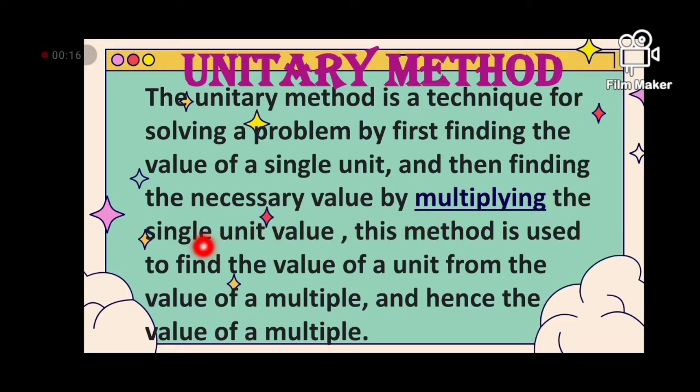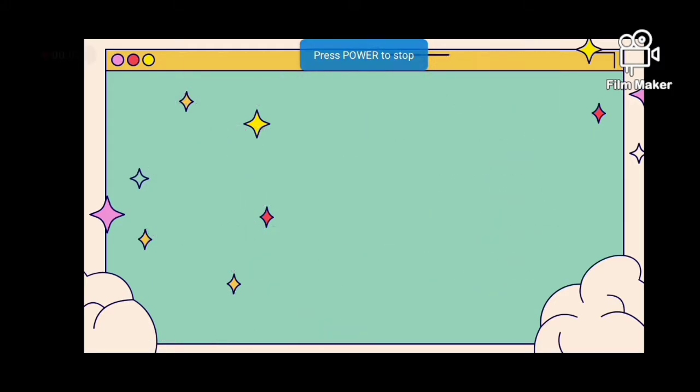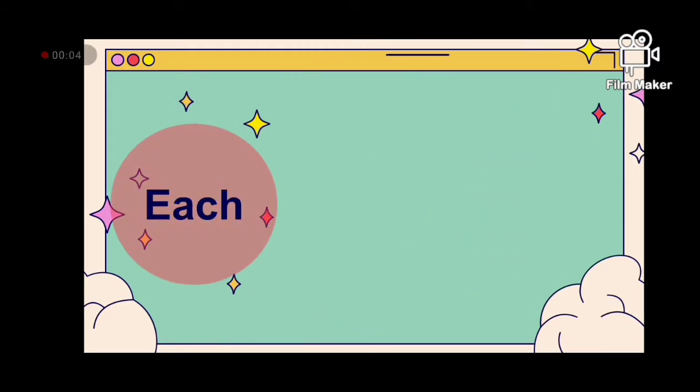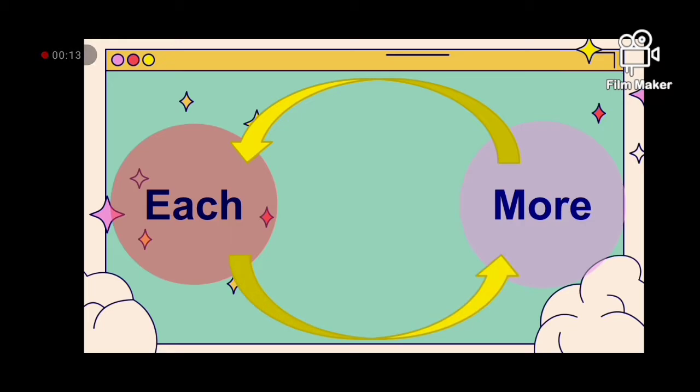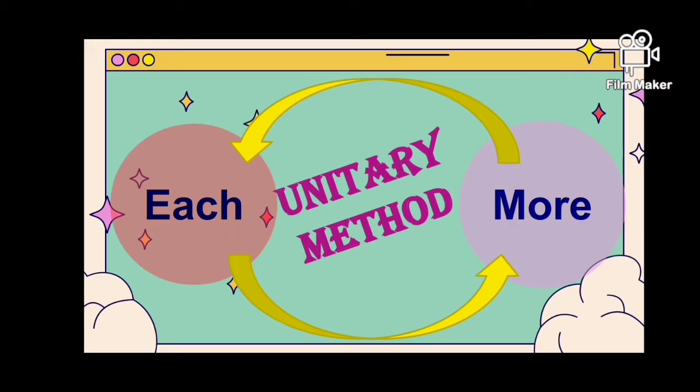This method is used to find the value of a unit from the value of multiple, and hence the value of multiple from a single unit. We can conclude the unitary method as each to more. First, we have to find the value of each from more, then the value of more from each. This is the unitary method.